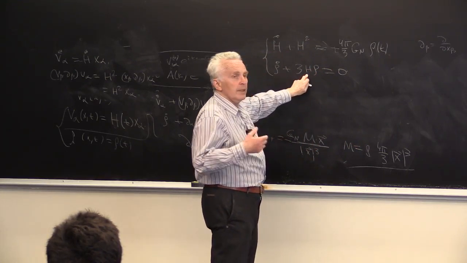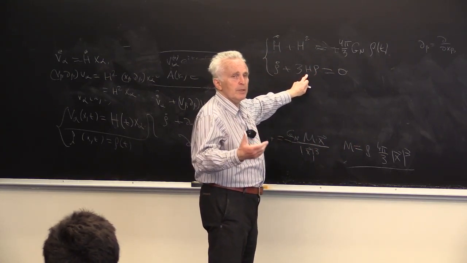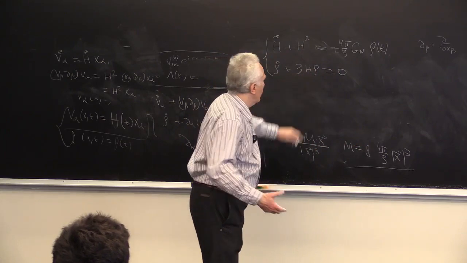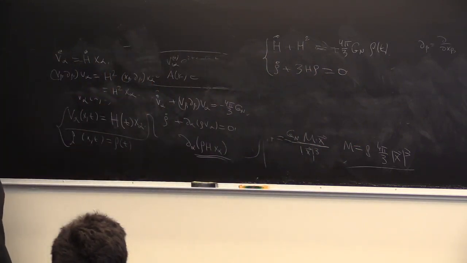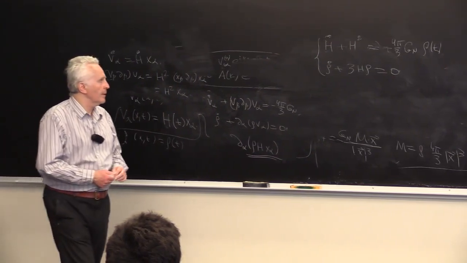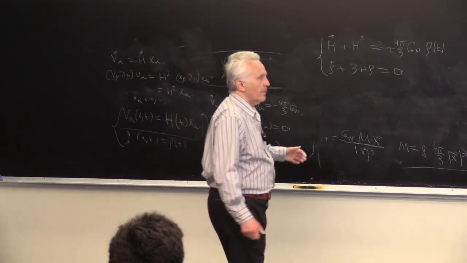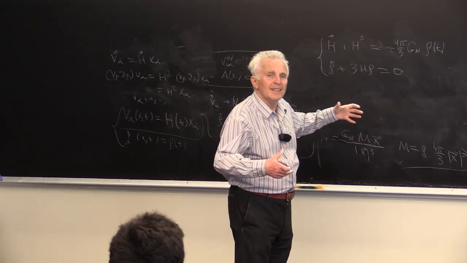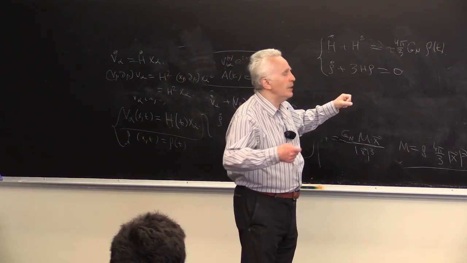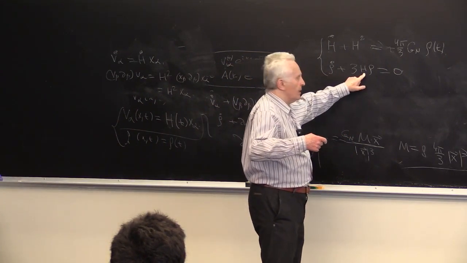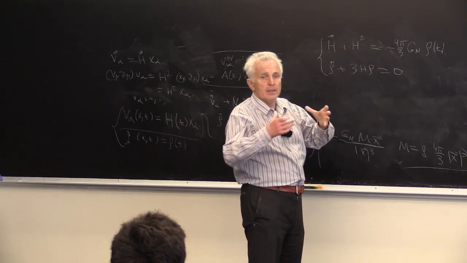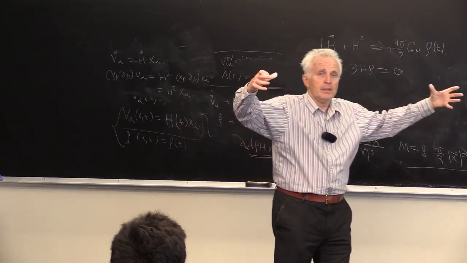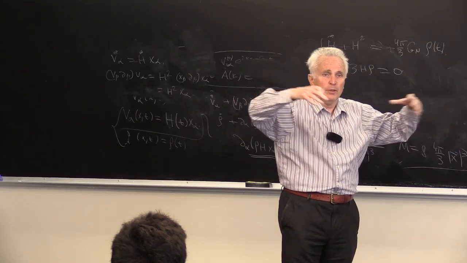Then what will be the solution and its meaning? Rho decays exponentially if h is constant. It will be e to the minus 3ht, yes.